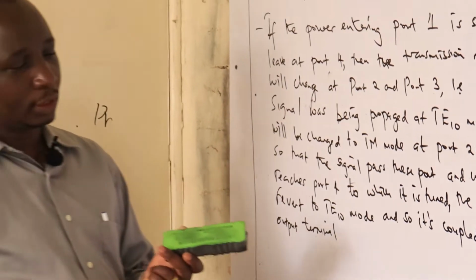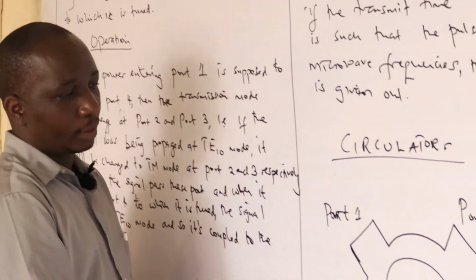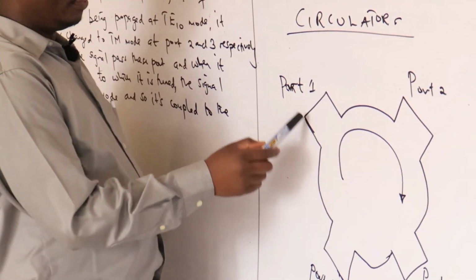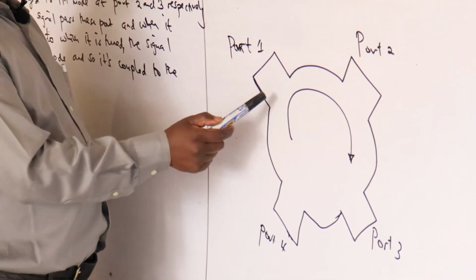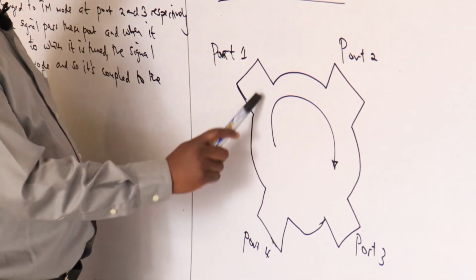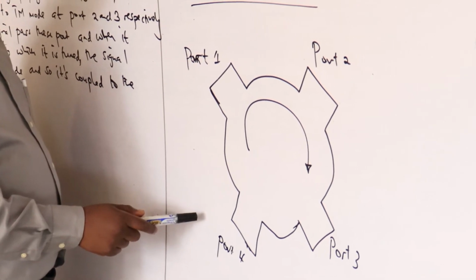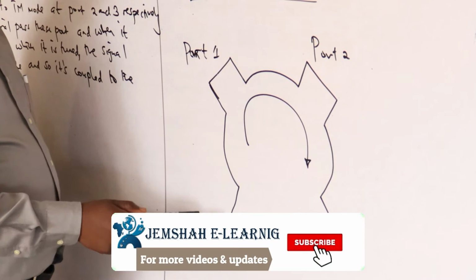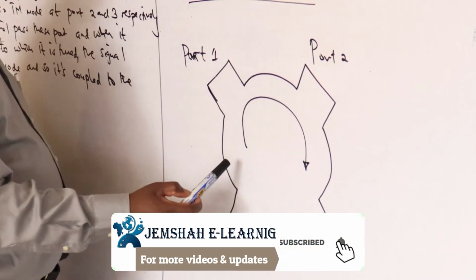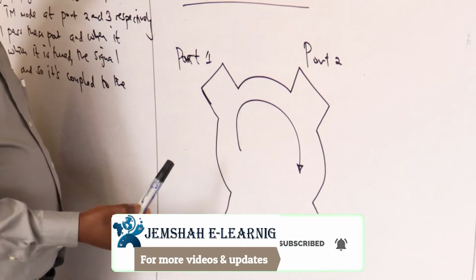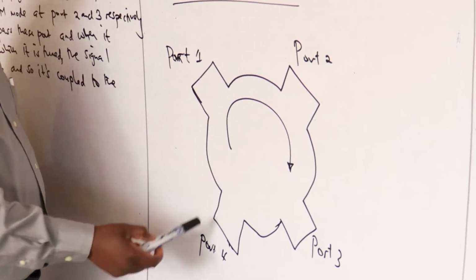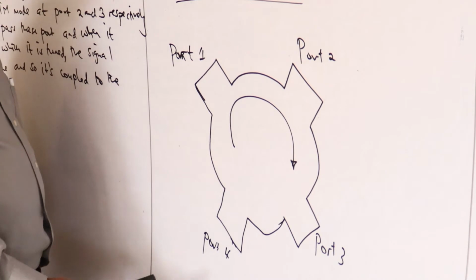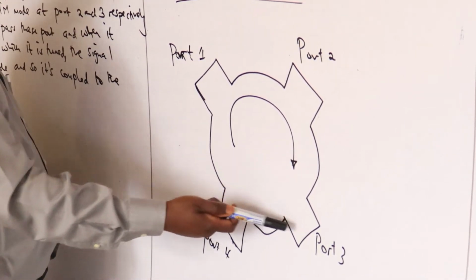So if you were to transmit a signal at this point here, and the signal is supposed to come out at port 4, then the signal is supposed to move in the circulator through these other ports. But when it gets to port 2, the signal is transformed to another mode of transmission, maybe TM in this case, so that it's not coupled through port 2, and the same applies to port 3.